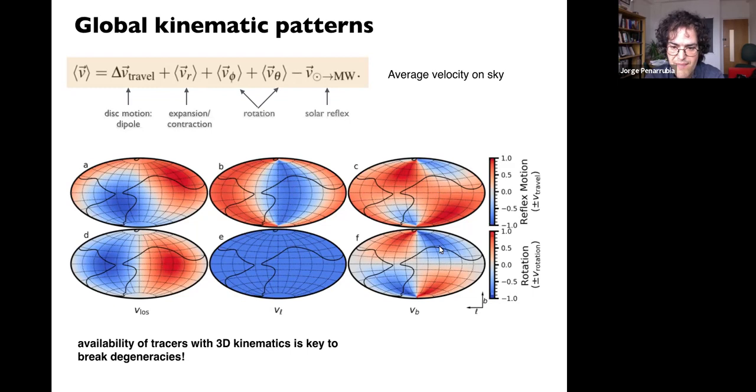The tangential map in the vertical component will be very similar. And the main difference will be in the azimuthal component of the velocities. By the way, this black line is the SDSS footprint. So you can see that we have mostly access to the north. Okay, so 3D kinematics are really important in this analysis. That's why we chose only stars with 6D information.